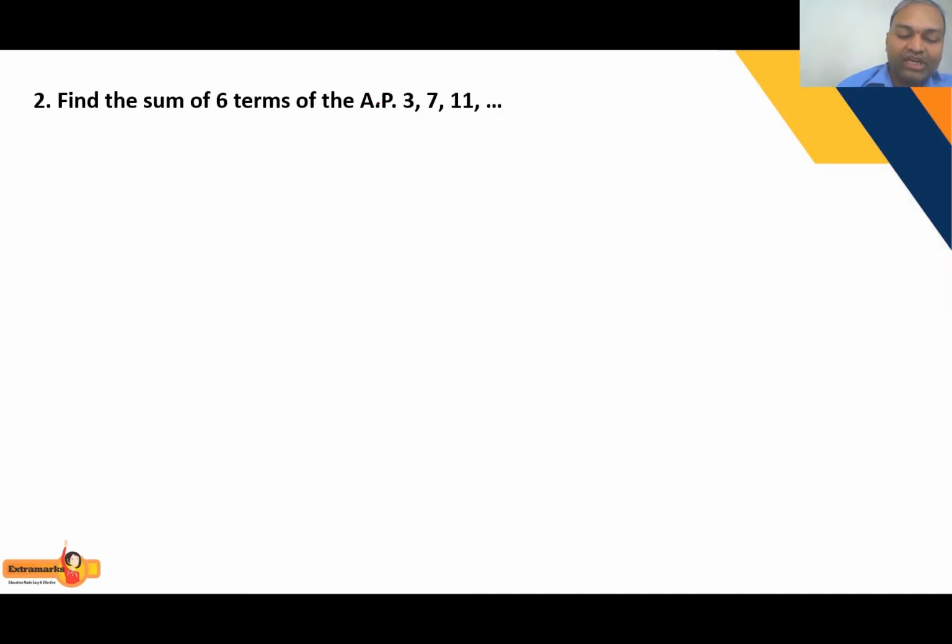One is, as given in the question, 3 terms are there. You identify the remaining 3 terms. How to identify? Find the 4th term using the previous general term formula. Find the 5th term. Next find the 6th term. Then add all 6 values. Then the problem is over.